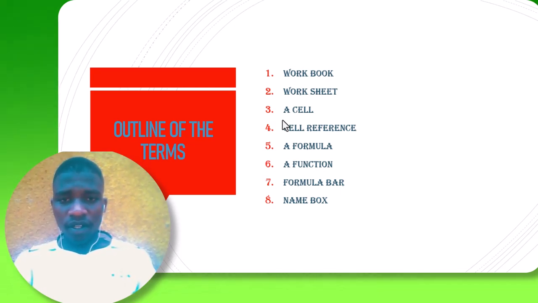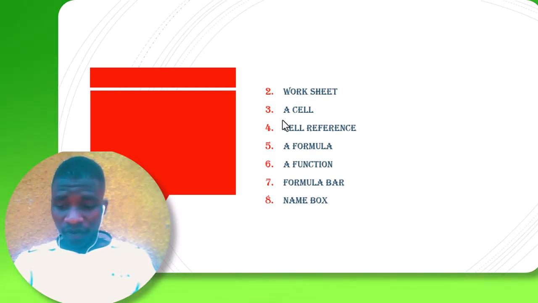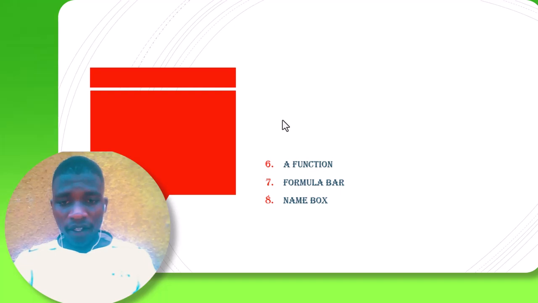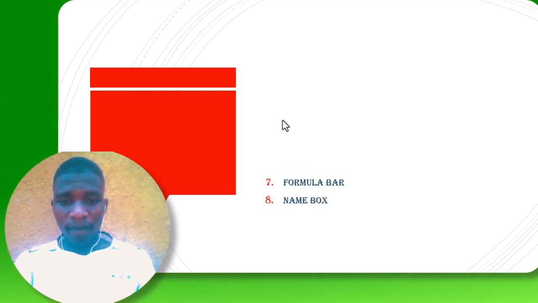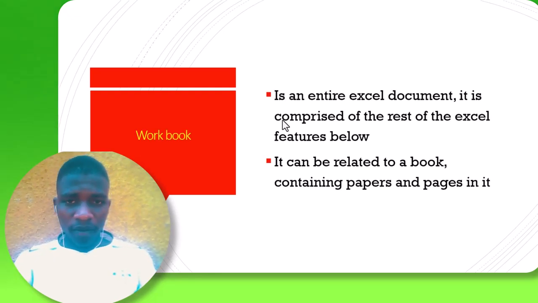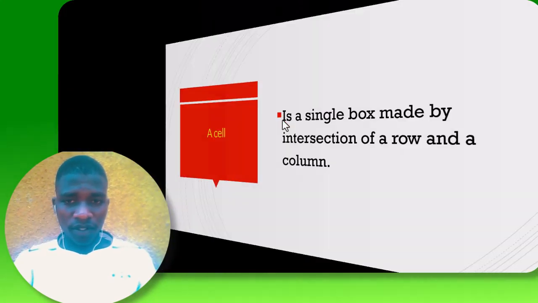You see the first term as book, workbook, a worksheet, a cell reference, a formula, a function, the formula bar, the name box, and then we shall be defining each term as we see how it's used.